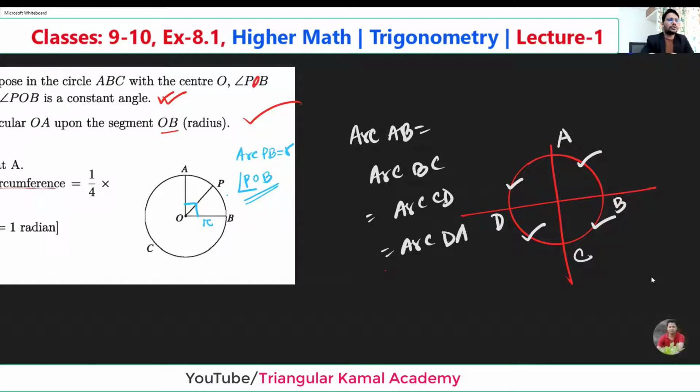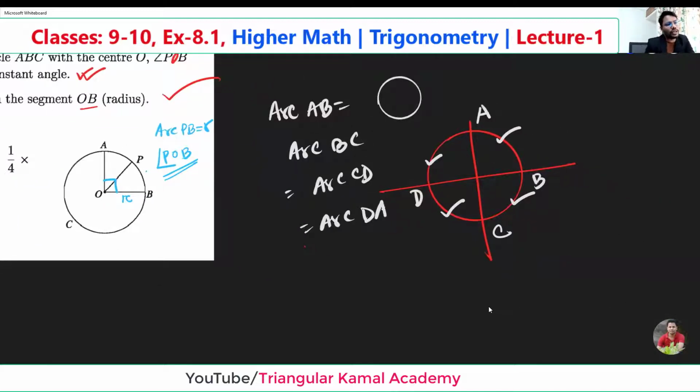Now the 4 arcs together, AB, BC, CD and DA, make the round of the whole circle. This is called the circumference of the circle. We all know the circumference of the circle is 2 pi r. This is the total boundary of the circle.